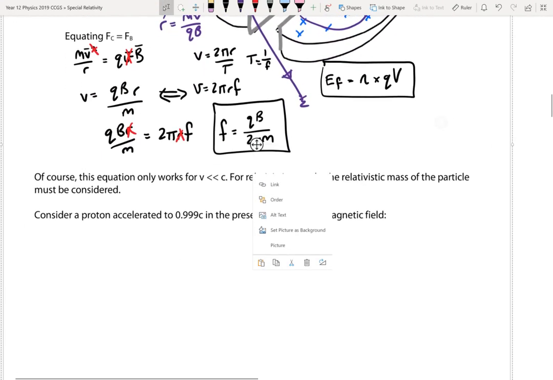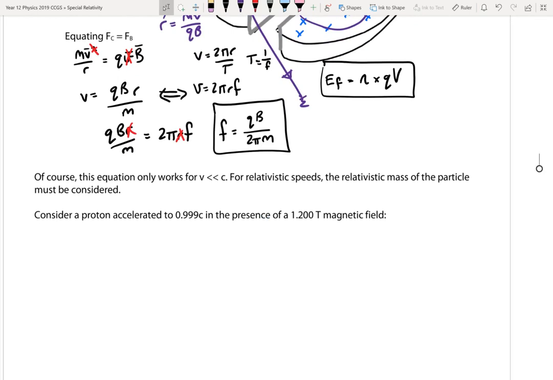This, of course, only works for non-relativistic speeds. And in the last 10 minutes, we are going to look at an example where a particle gets really fast, its momentum increases. And if its momentum increases, it becomes more inert.